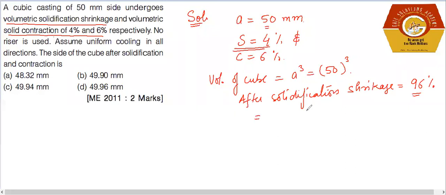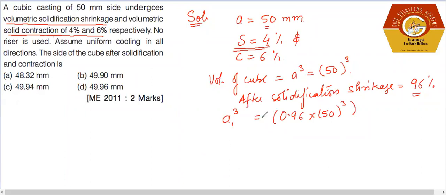So we can see that 96% means 0.96 into 50 cube. So this is the volume, right? Once we know this volume, we can define it as A1 cube.